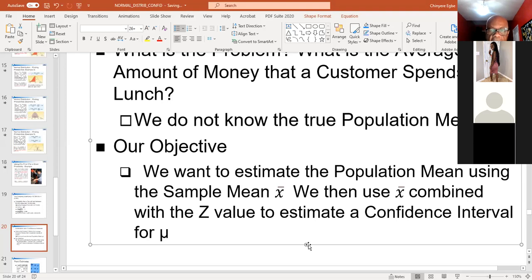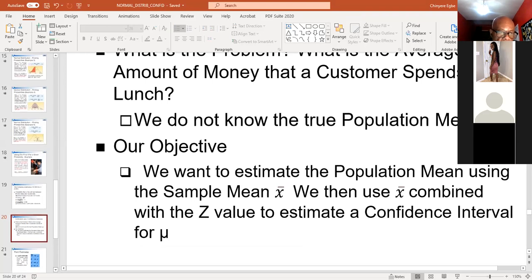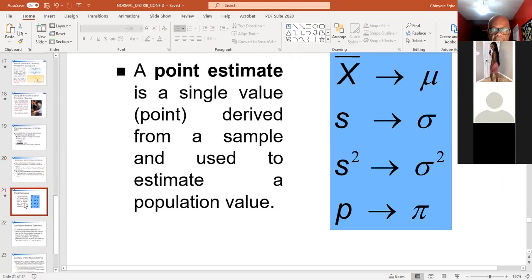So that's why we say X bar is the sample mean, and we combine it with the Z value to estimate a confidence interval for mu. What could mu be? Our estimate of mu is based on the sample mean, X bar, which we use to estimate mu.